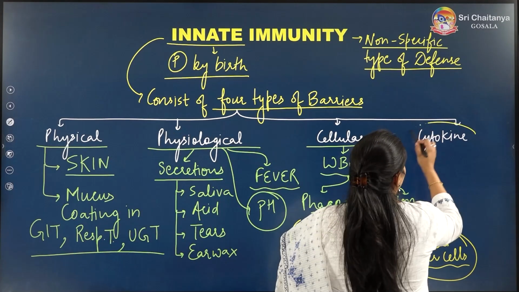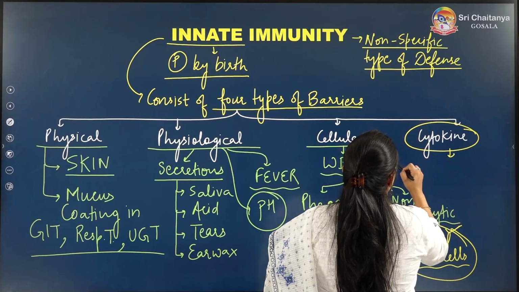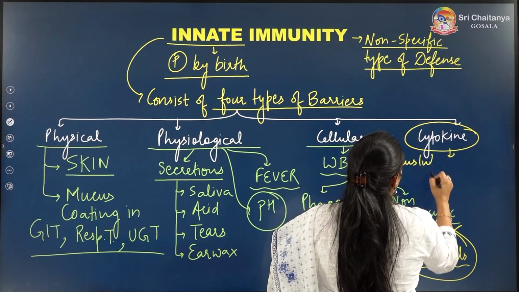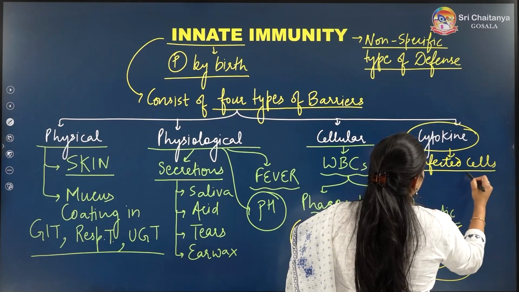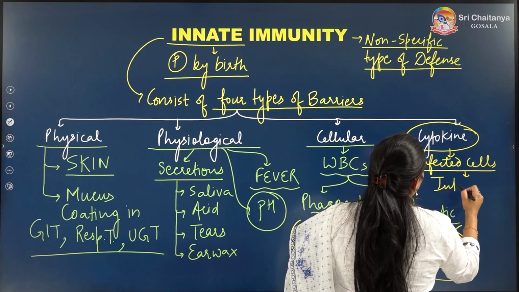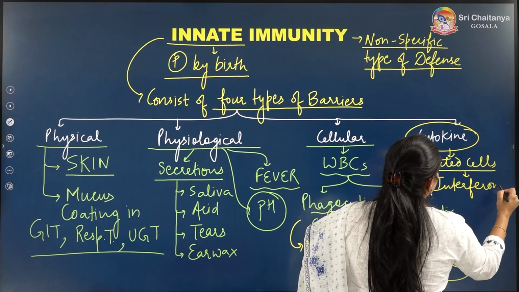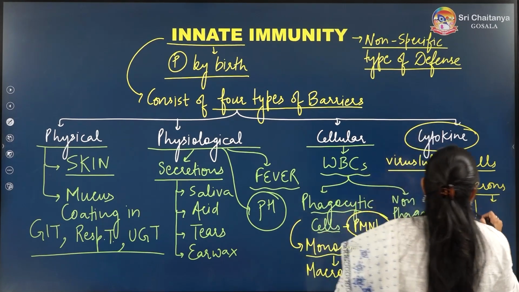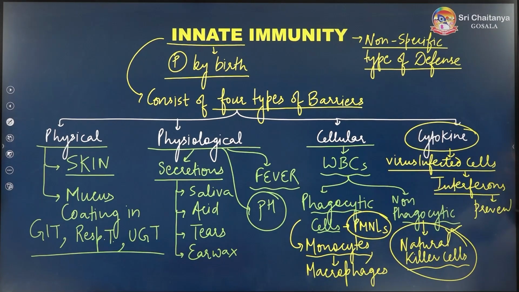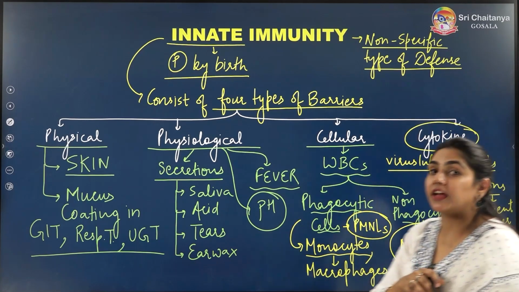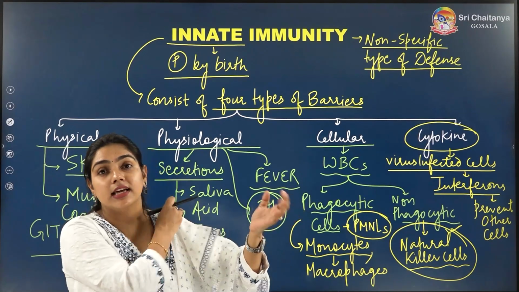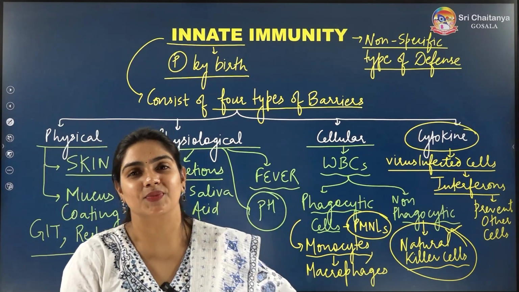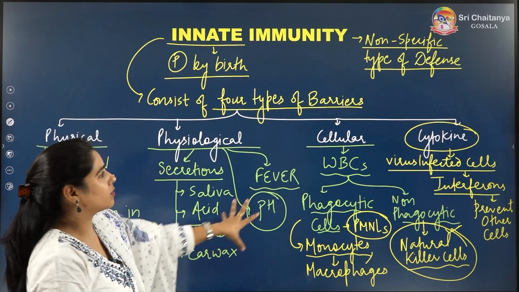So in the cytokine barrier, the virus infected cells secrete interferons. And these interferons are going to prevent the other cells which are not infected. See, it has given us a nice message, isn't it? Alright. So this was all about innate immunity.